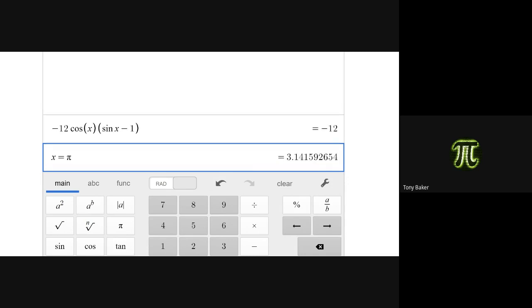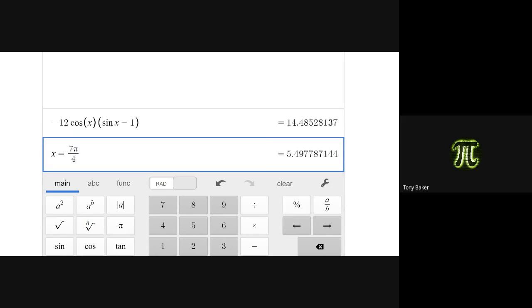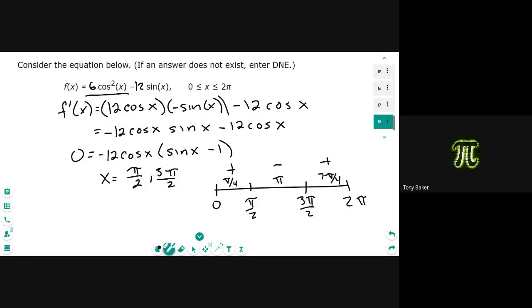Pi is negative. Okay, that's better. And 7 pi over 4 is positive. All right, so we got that. Does that make sense? Yes.